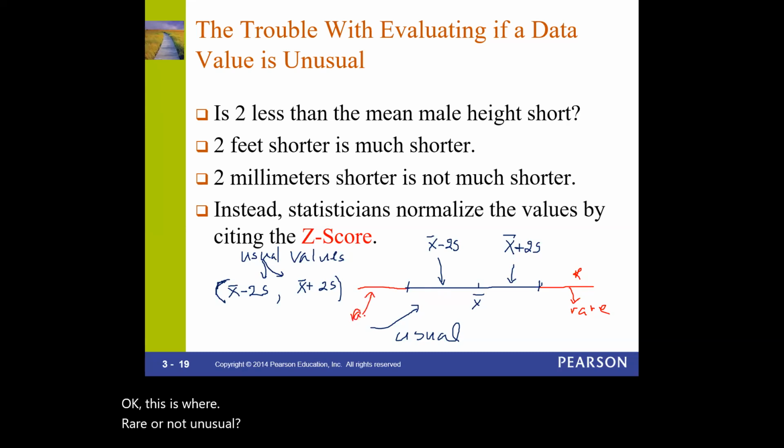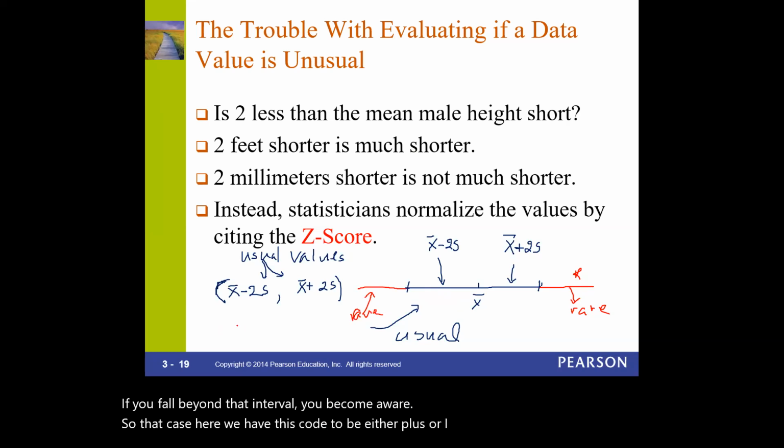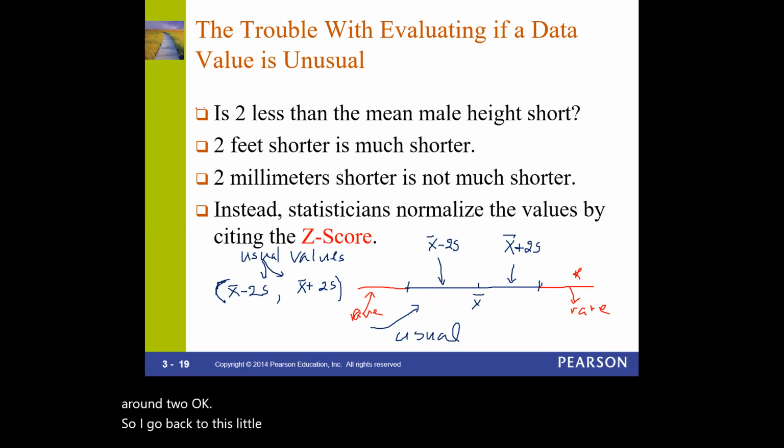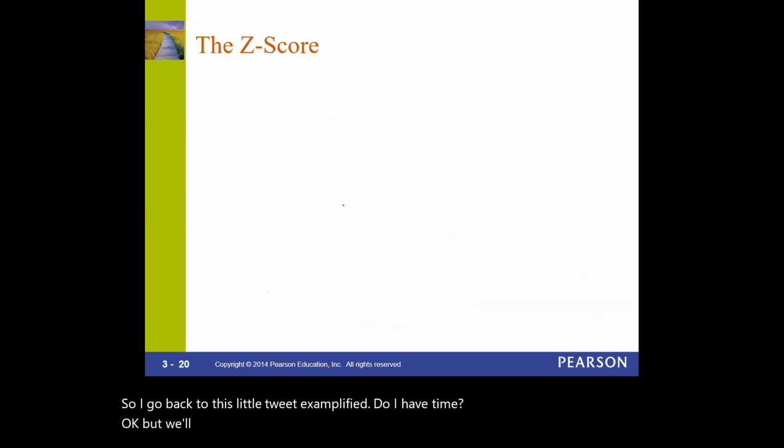If you fall beyond that interval, you become rare. So in that case, the z-score is either plus or minus, around 2. Okay. I'll go back to this example if I do have time, but we'll largely focus on the z-score before I talk about this.